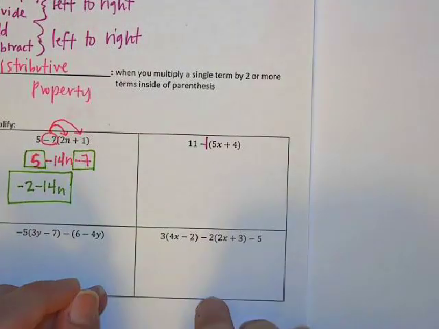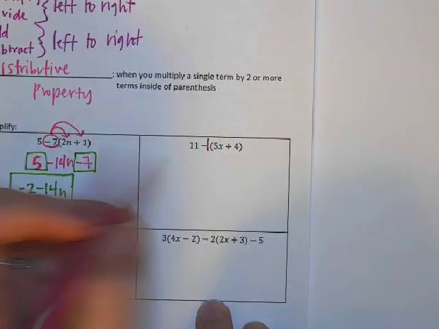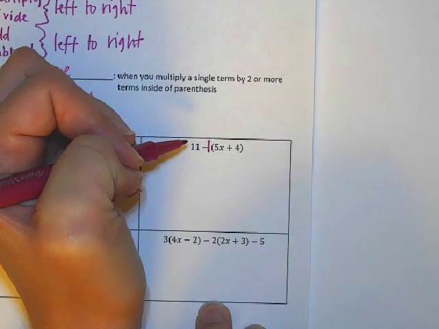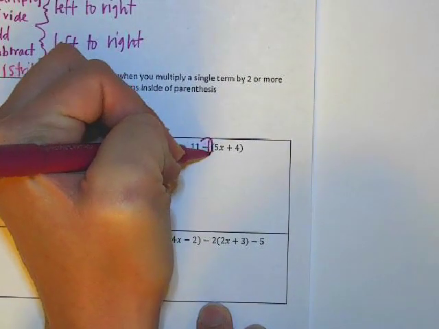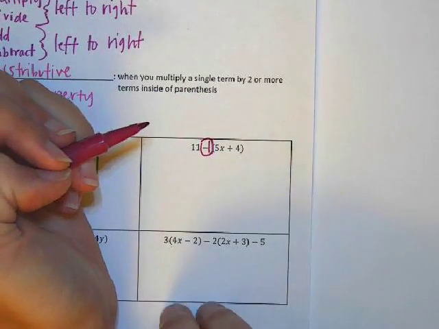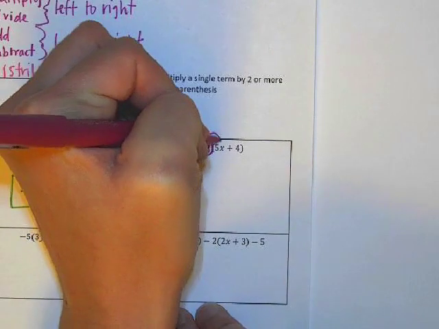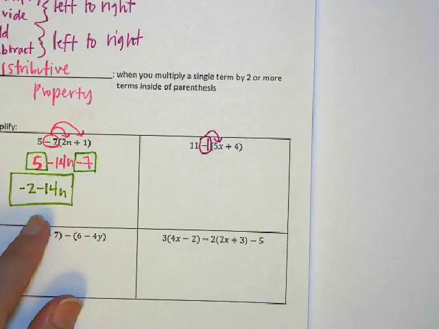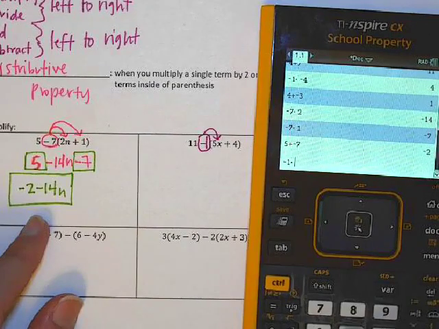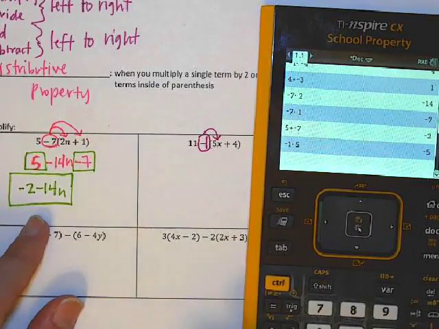Now, what am I going to multiply? Negative 1. Am I going to multiply a positive 1? No, I have to take that symbol with it. So negative 1 times 5 is negative 5x.